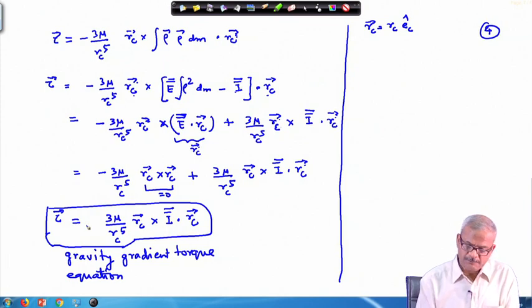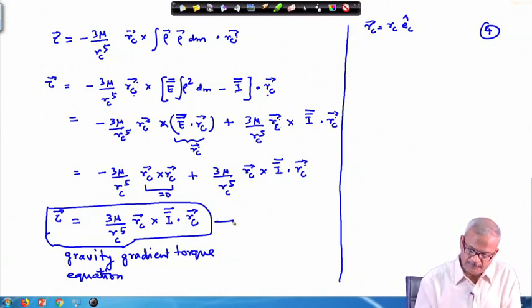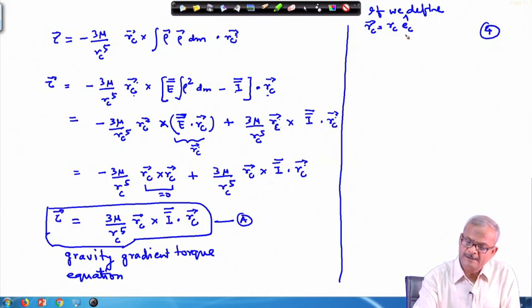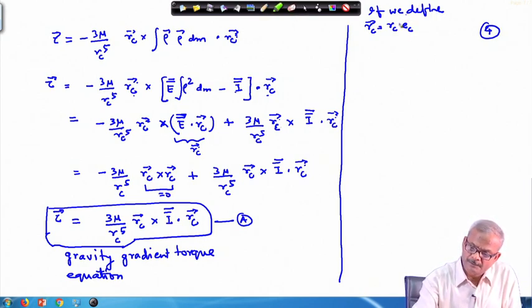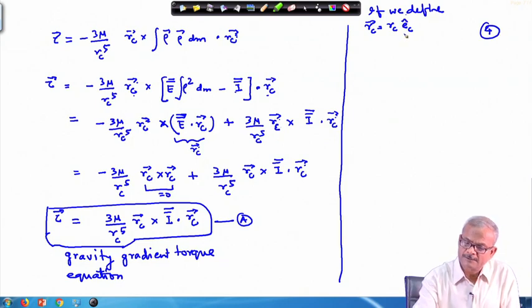Okay. So, this equation can be reduced to, if we define, where E c cap is the unit vector along R c.